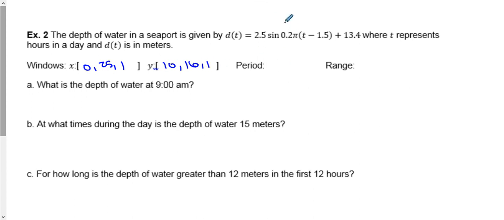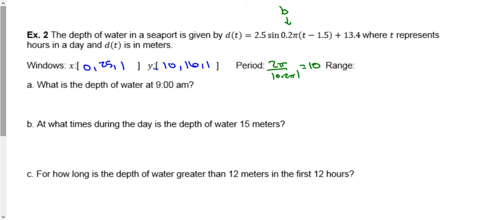Period, let's find our period. Here, by the way, this is our b value. So period is equal to 2 pi divided by the absolute value of our b, which is 0.2 pi. And when I divide that off, that equals a period of 10. My b value is 0.2 pi, but I have a period of 10.